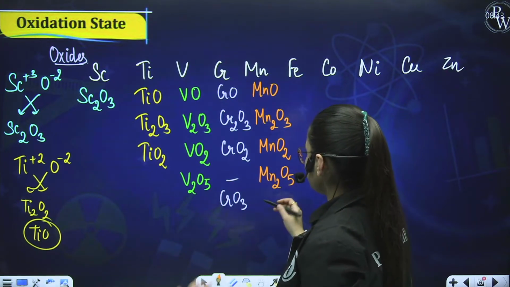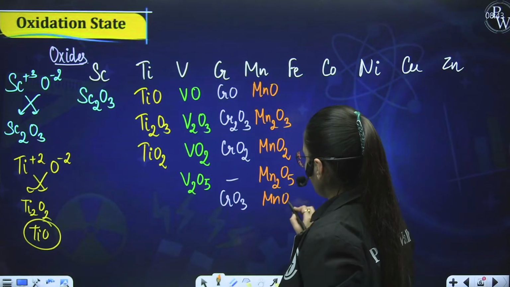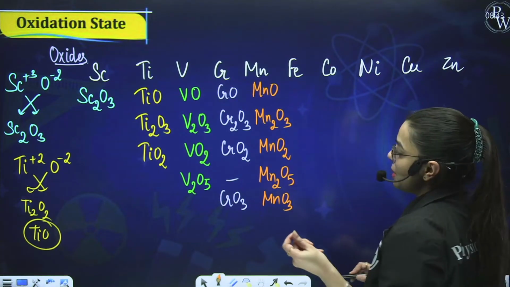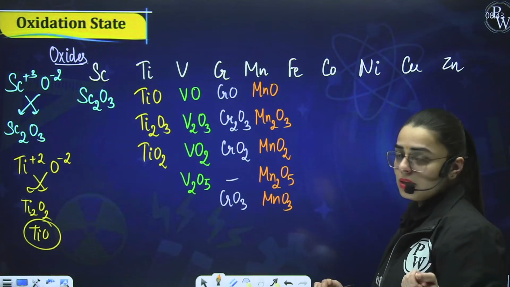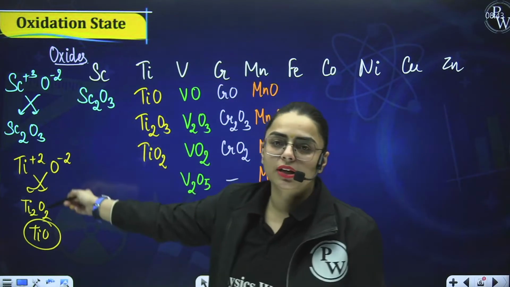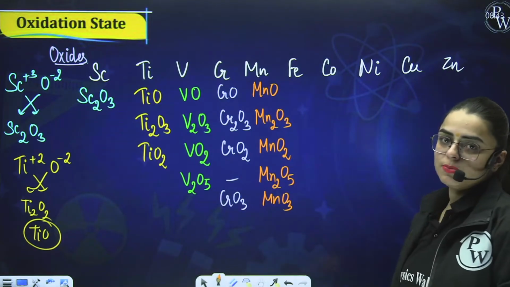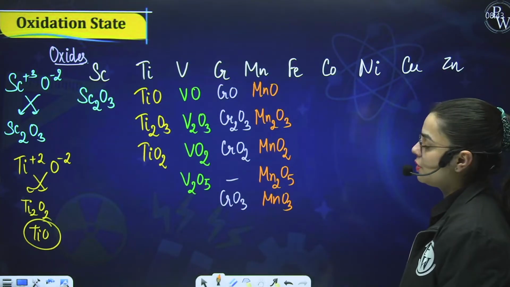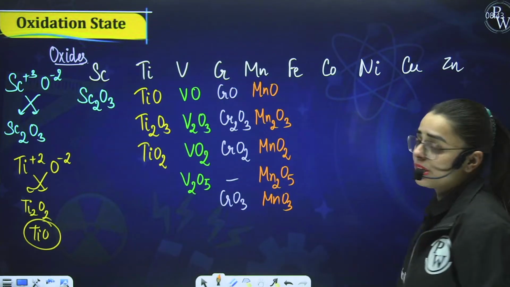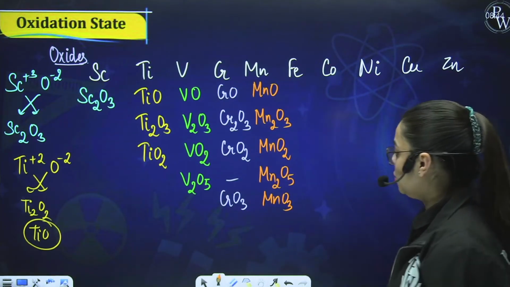If +6, it is MnO3. Are you getting my point? You have to write as many compounds here as you can. Here you need to make compounds just as I've made over there. You just have to do this basic thing. The rest is very clear and very simple. Until and unless you write, you're not going to get what I'm saying.